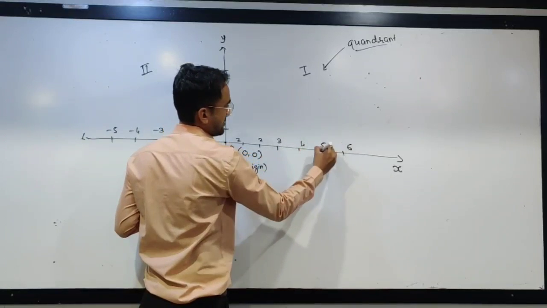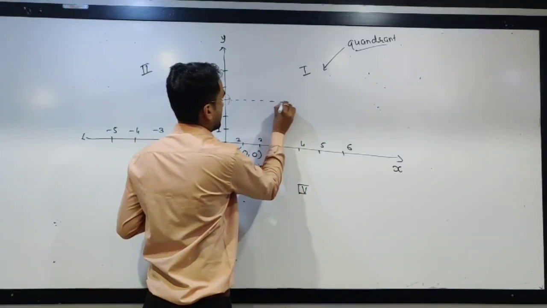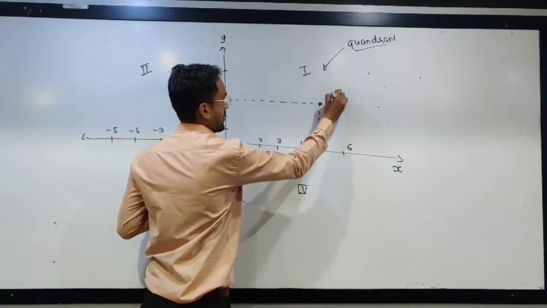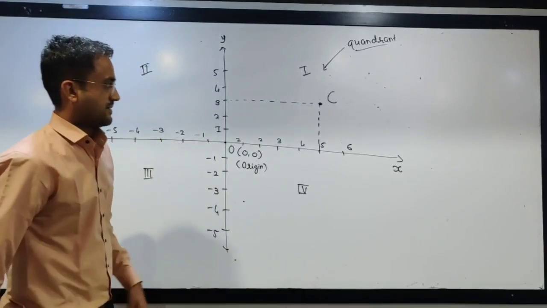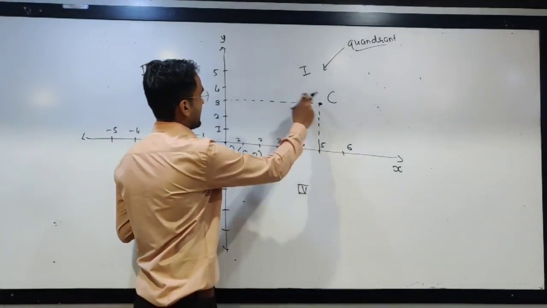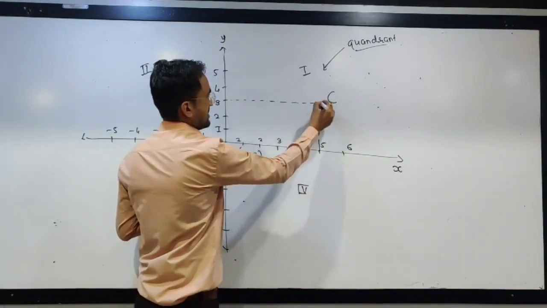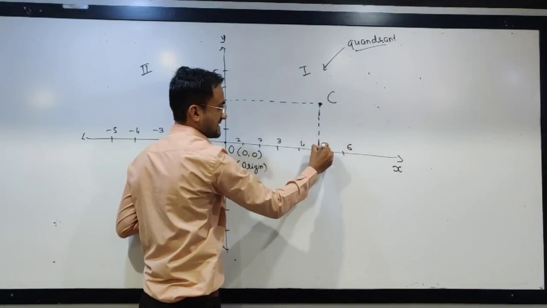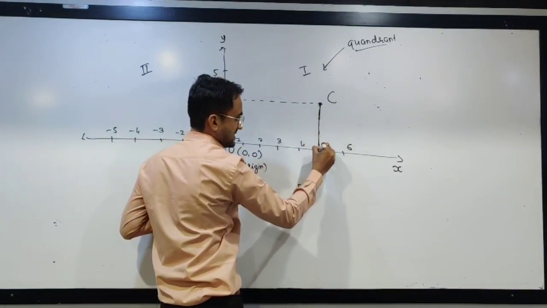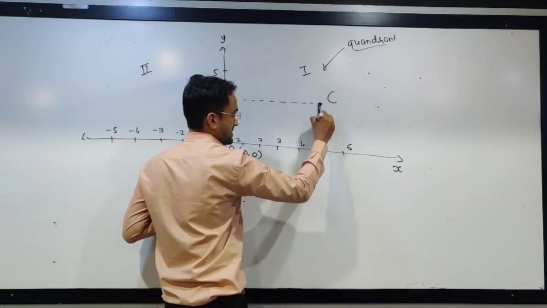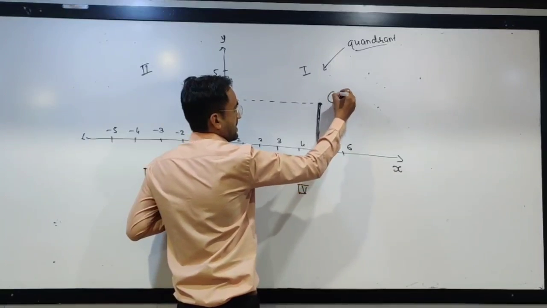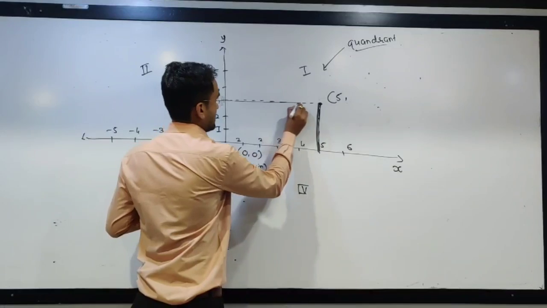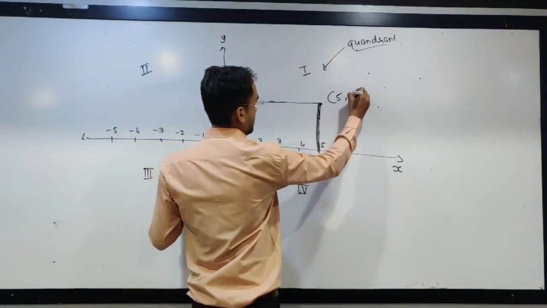Now, what we understood next, the point. If I mention one point here, what will be this point? The distance from the y-axis, this is your y-axis, so the distance of the point from the y-axis is 5, and this distance from the x-axis will be 3.